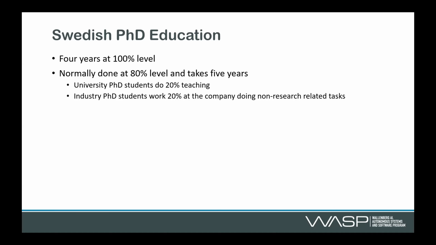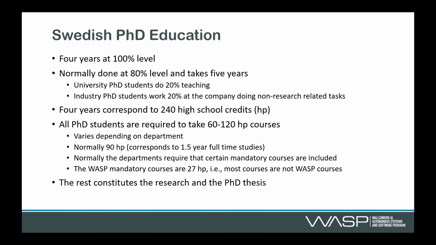But normally it's done at 80% level and then takes 5 years, because the 20% you spend, if you are an academic PhD student, on teaching, being a TA. And if you are an industrial PhD student, you typically spend 20% of your time working for the company doing non-research related tasks. So 5 years is what it takes.